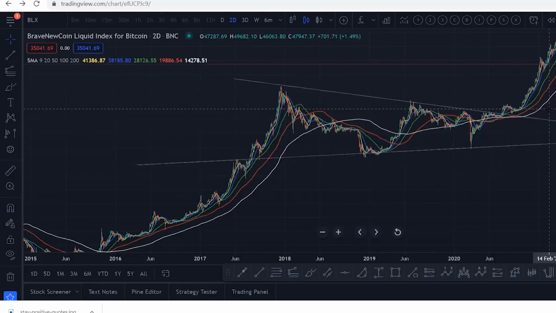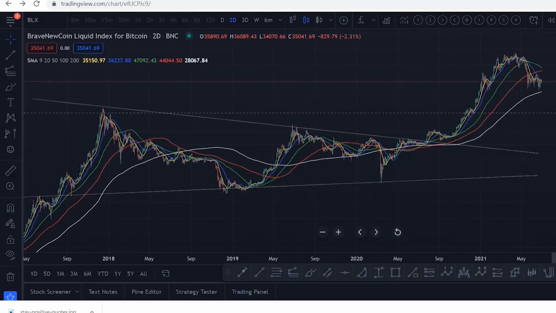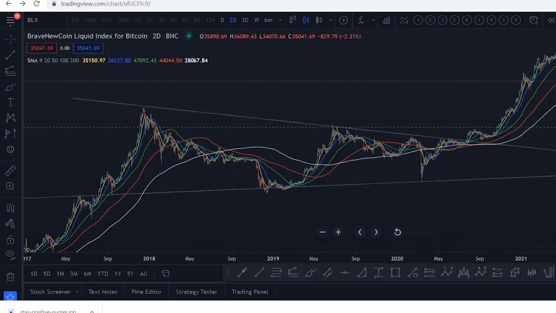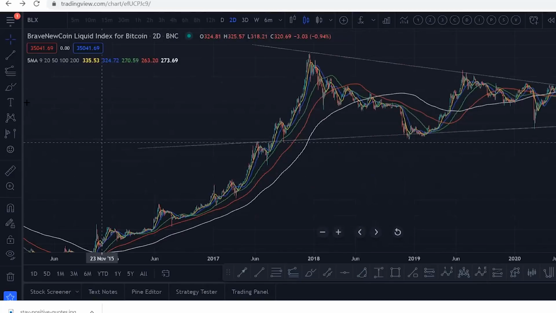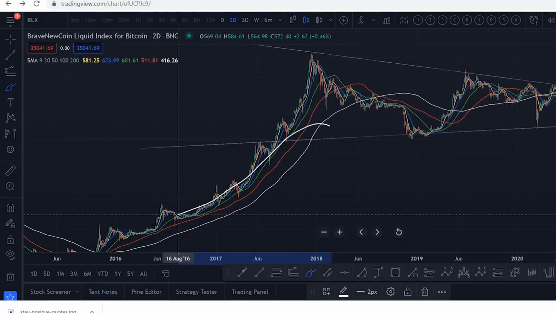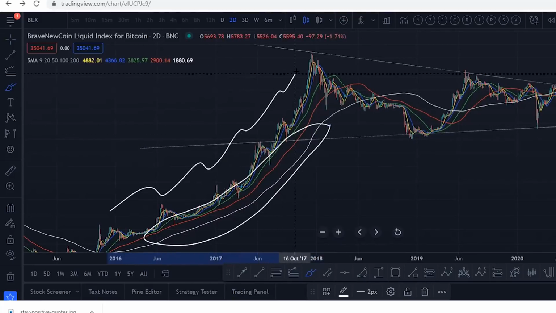If you know the pattern, there is a rising movement here of Bitcoin. But with the help of the moving average, you can know the trend where we are. Here the moving average works as a support and the price of Bitcoin goes up.